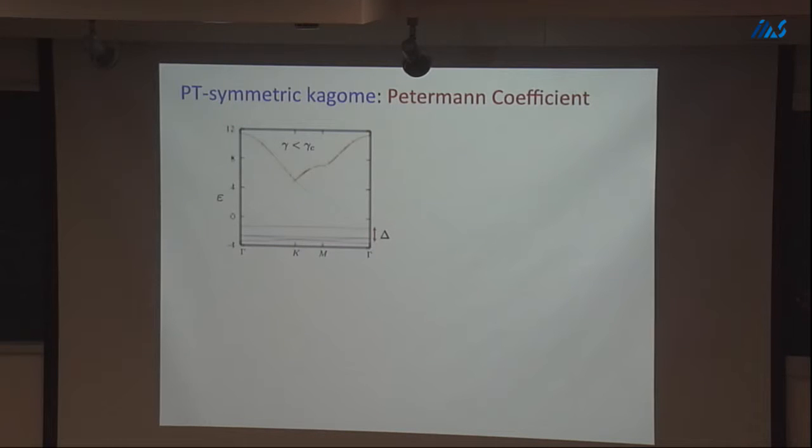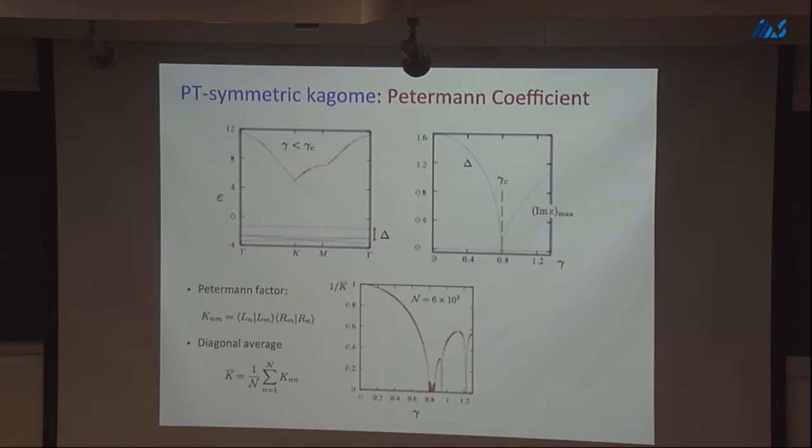So now we want to understand the eigenstates, whether they are orthogonal or not, and what we do is calculate the Petermann coefficient, which basically means you take left and right eigenfunctions, and then you sum over and average over all the Hilbert space. So this is the average Petermann coefficient.